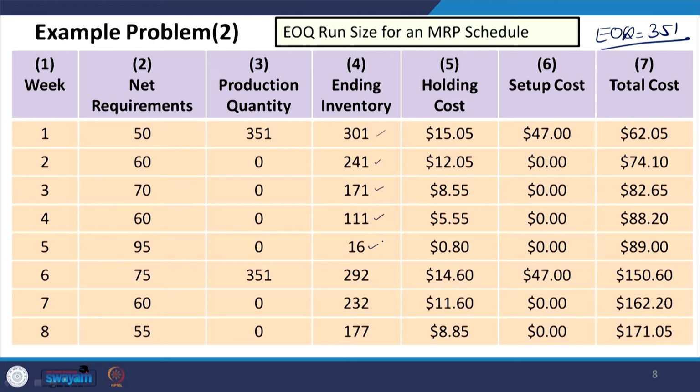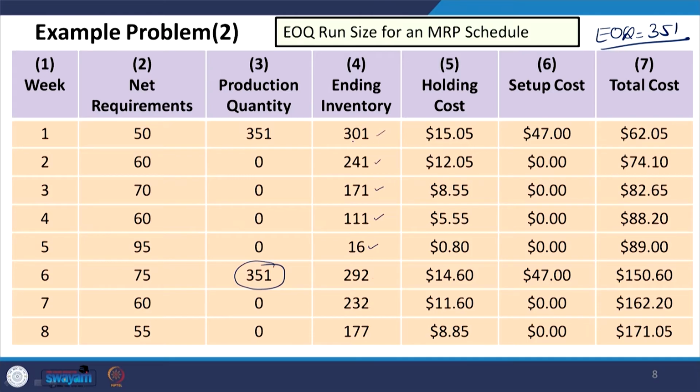Again I have to get a new order, and this new order will be of 351 units, because whenever I order, I will order in the size of 351, and so on. I have 292, 232 and 177 units as my ending stock.